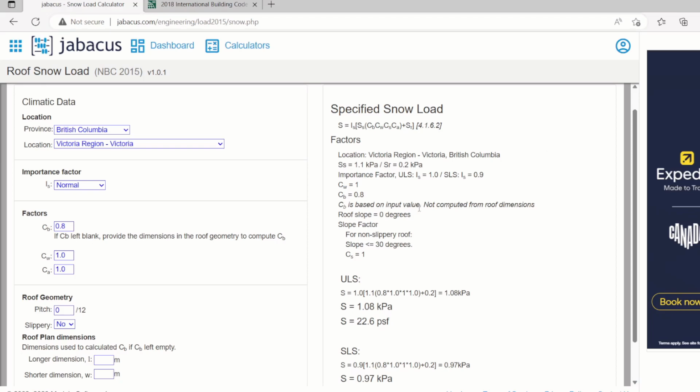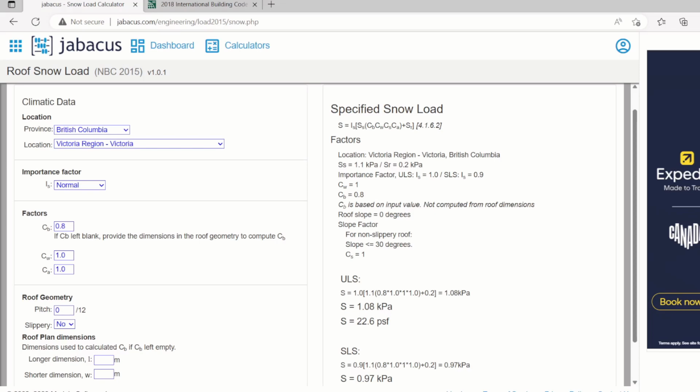So where were we? So 35 PSF for our snow load for the SLS. So going back to the possible maximum deflection.